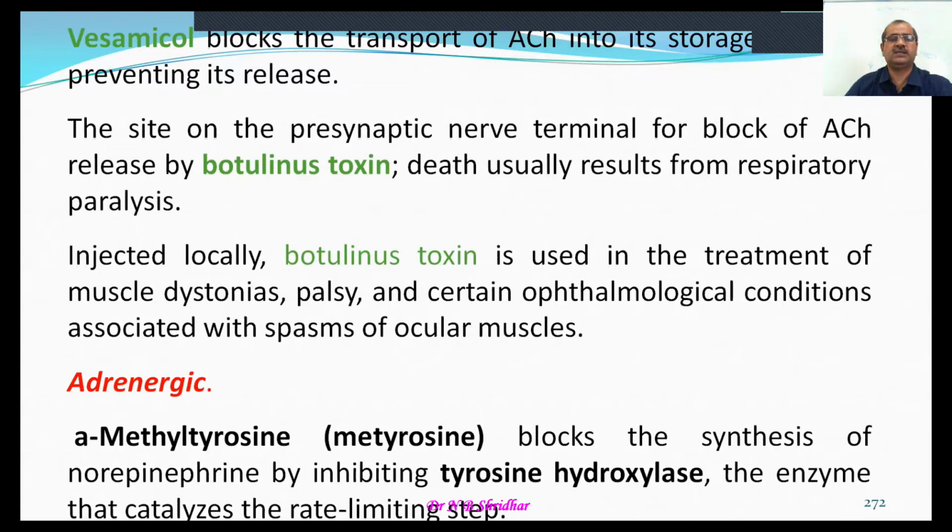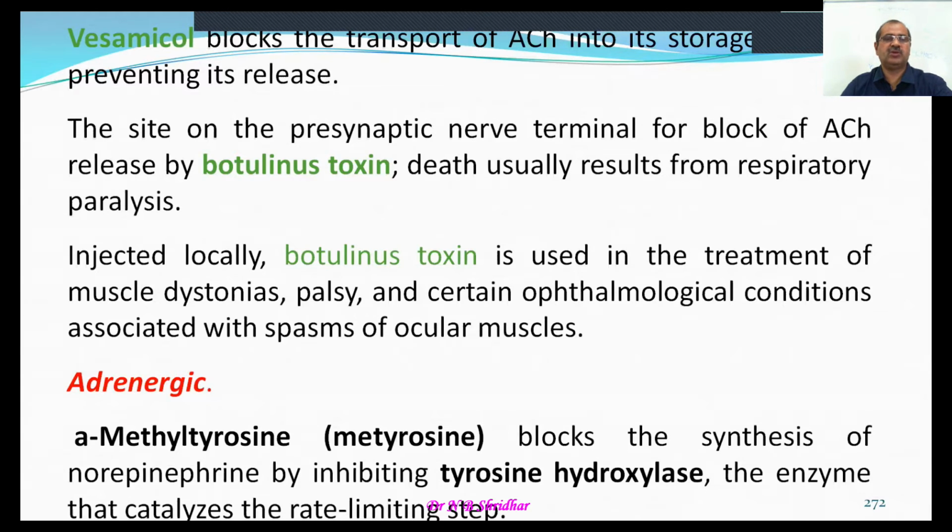When we inject botulinum toxin locally, it is used in the treatment of muscle dystonias, meaning functional disorders of the skeletal muscles, and another condition known as palsy, and certain ophthalmologic conditions.